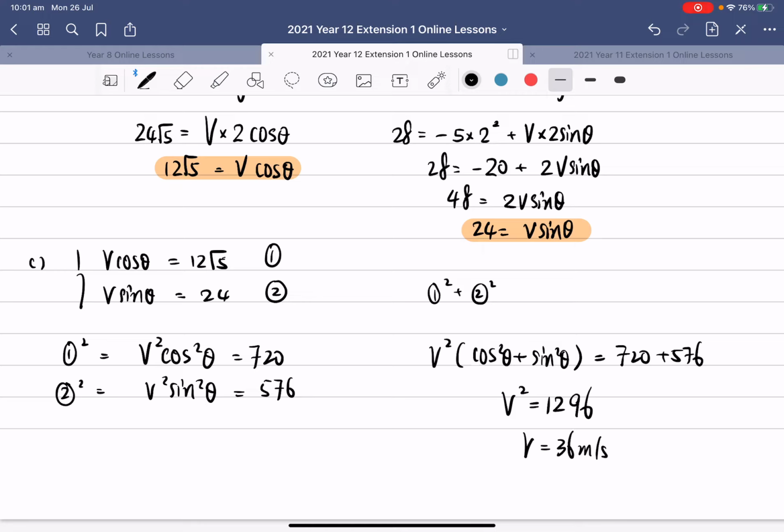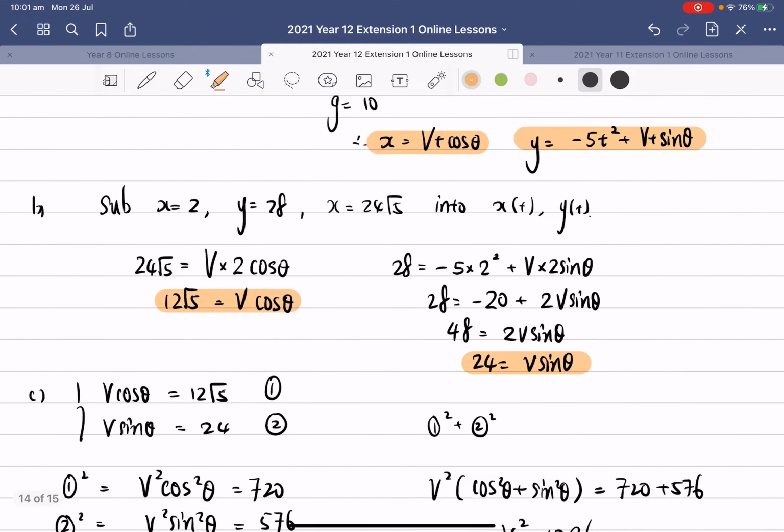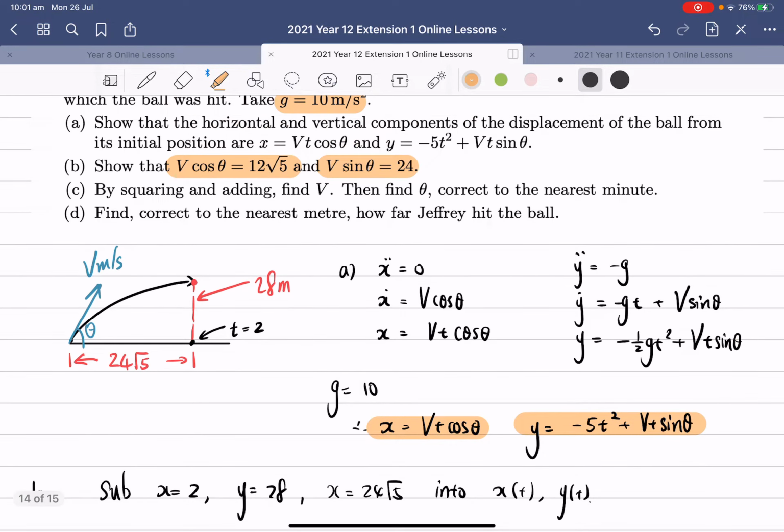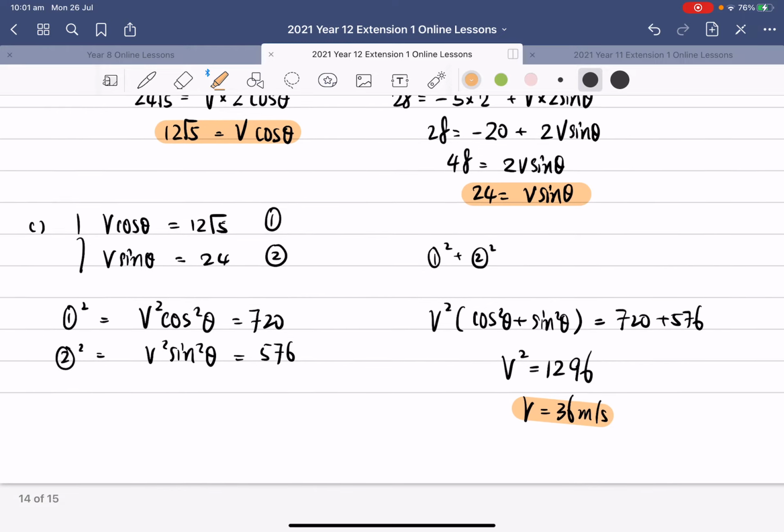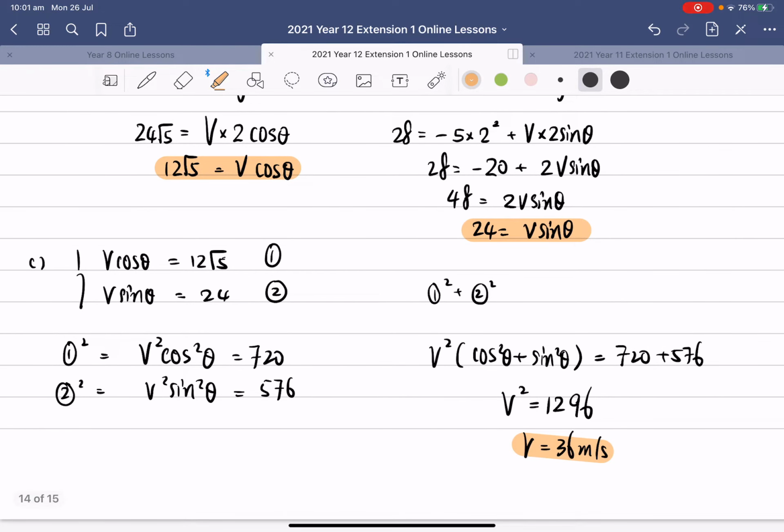It's a pretty nice number here. It's all designed, of course. Once we've got the velocity equal to 36 meters per second, what does the question ask us to do? Find theta to the nearest minute. So now what we need to do is substitute this number back into the first equation or the second equation to find what theta equals.